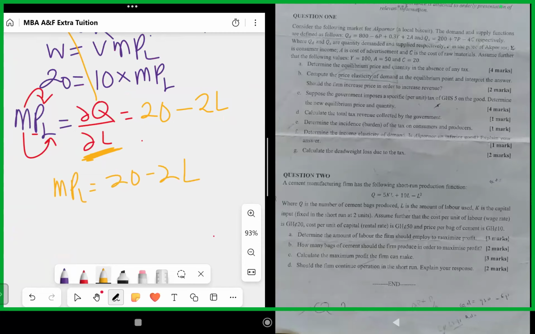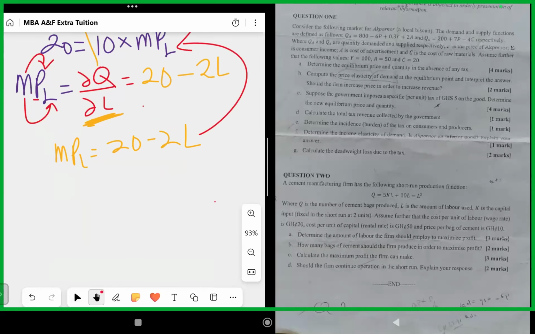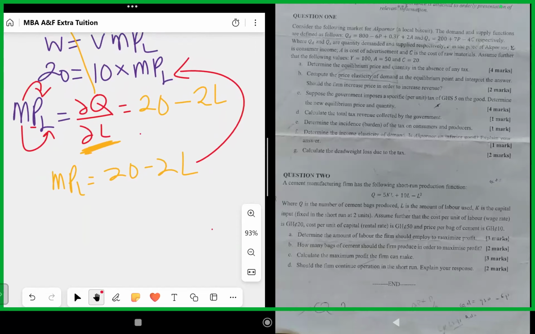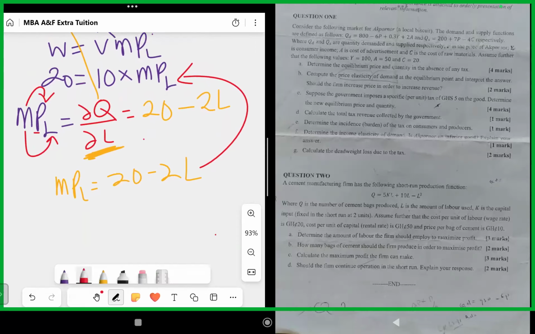Yes, please. Then we will plug it into this equation, because there we got the value for W and P. But the MPL is what we just calculated. So we've now gotten the MPL. So we will have 20 minus 2L equals 10 multiplied by, if you write it this way, it's wrong.